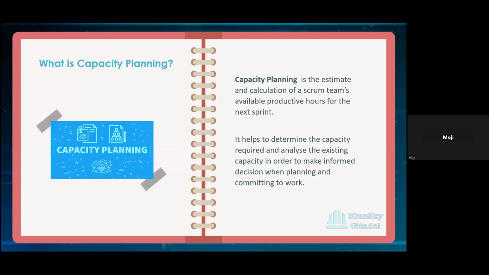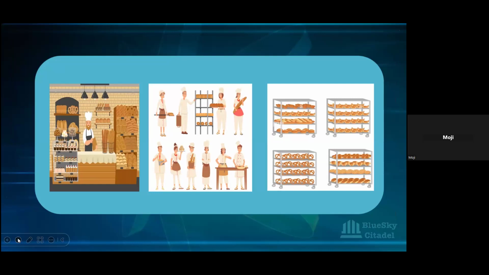We'll go into a fuller understanding. I just want to use an illustration to give us a good understanding of what we're talking about when we talk about capacity planning. I'm going to use a bakery and the people that are working in it. There's a particular bakery belonging to Mr. Lawson. If anybody is Mr. Lawson, please forgive me for using that name, just for the sake of illustration.